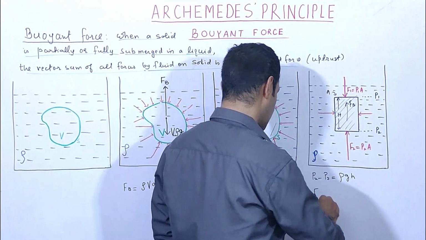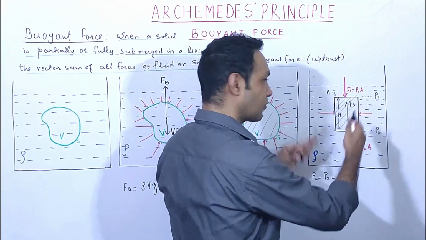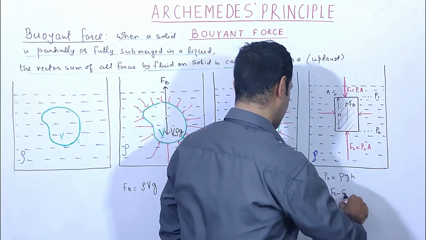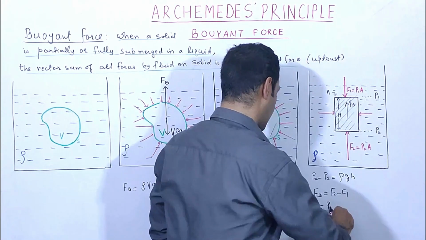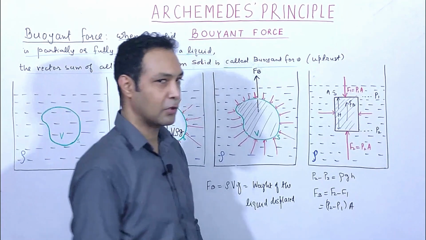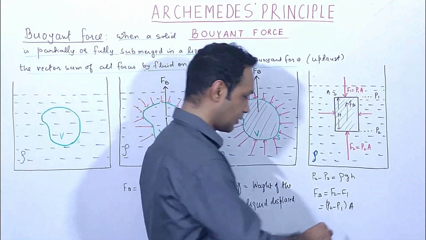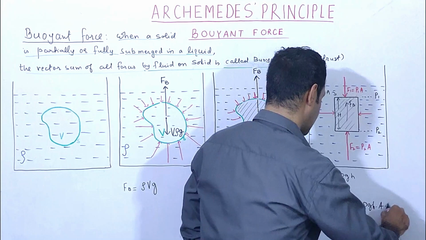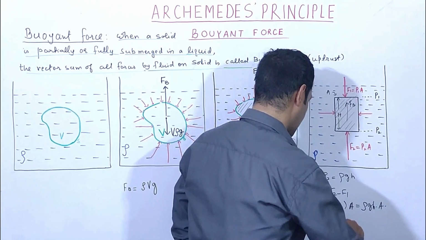The horizontal forces will balance, so the net force will be F2 minus F1, that is P2 minus P1 into A, and P2 minus P1 is nothing but rho gh, multiplied by A, so that will again be rho Vg.